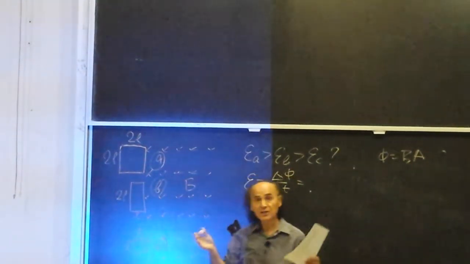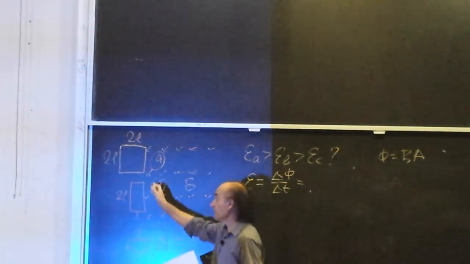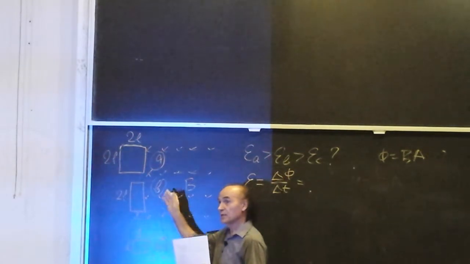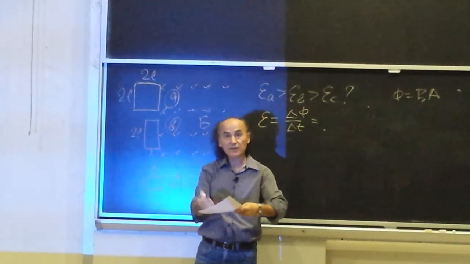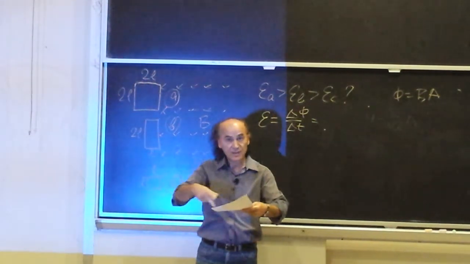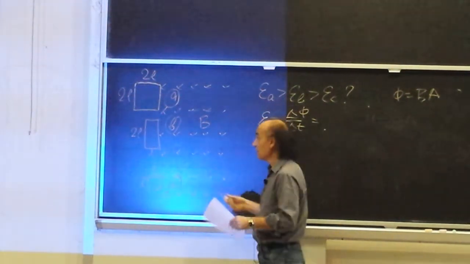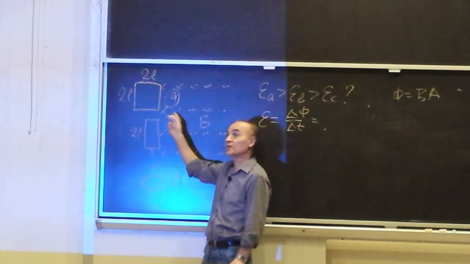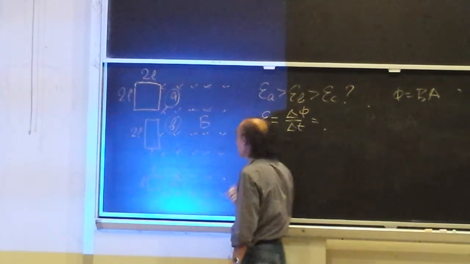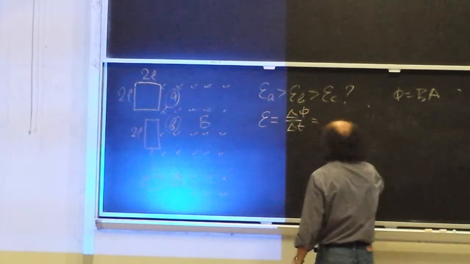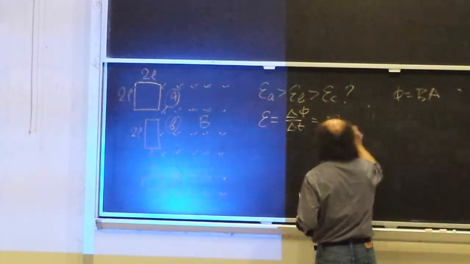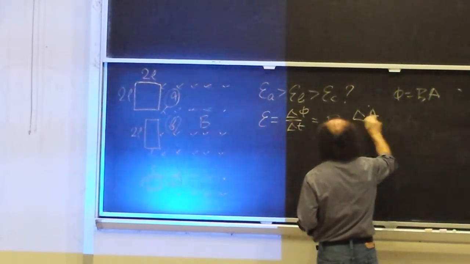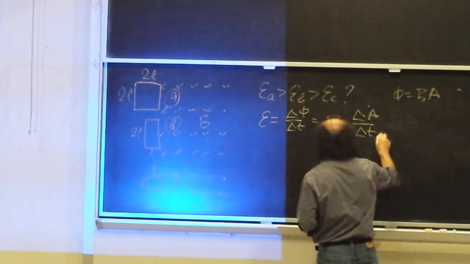When it is totally within the field, it's not changing. The whole area is in the same magnetic field. But when you move this to the right, more and more area is being covered. So the magnetic flux across this whole circuit is changing. Initially it is zero. When it's totally in the field, it is maximum. Basically, the area is changing, and therefore you can write this in this form. This equals B, which is constant, times delta A over delta t.